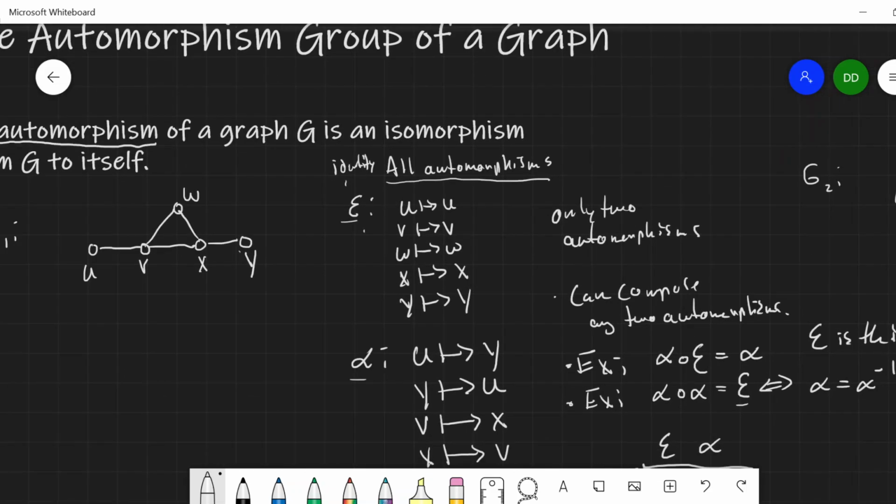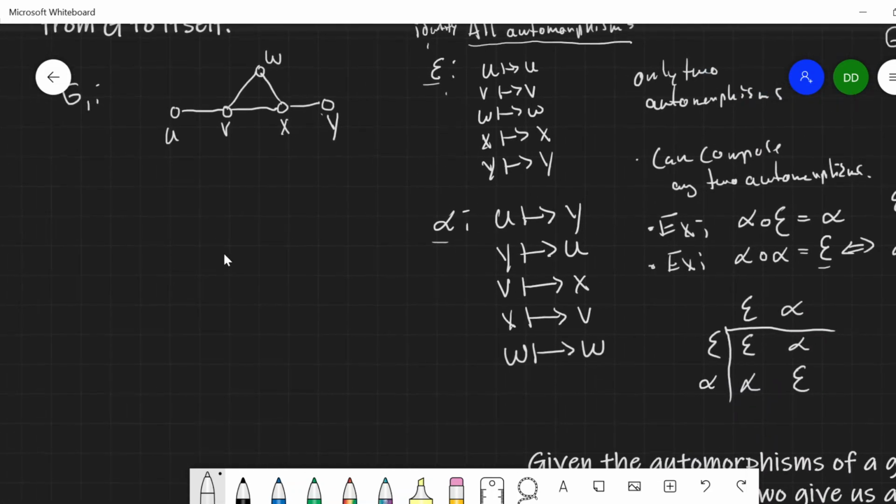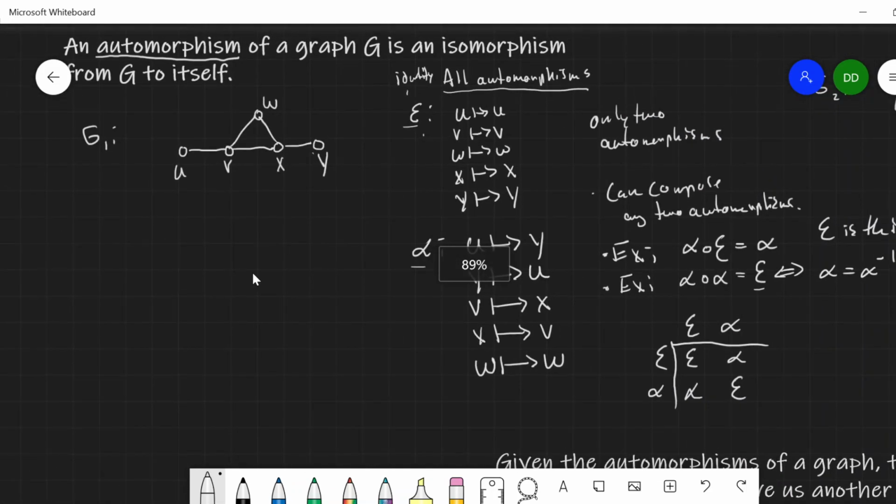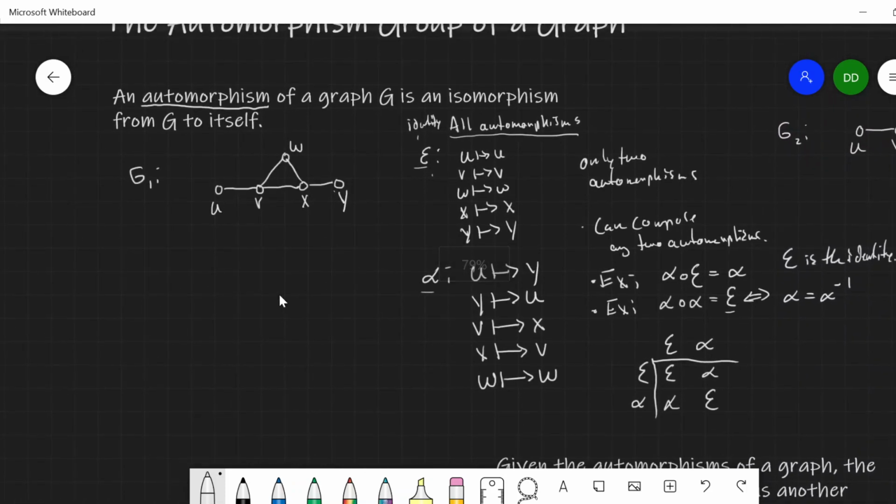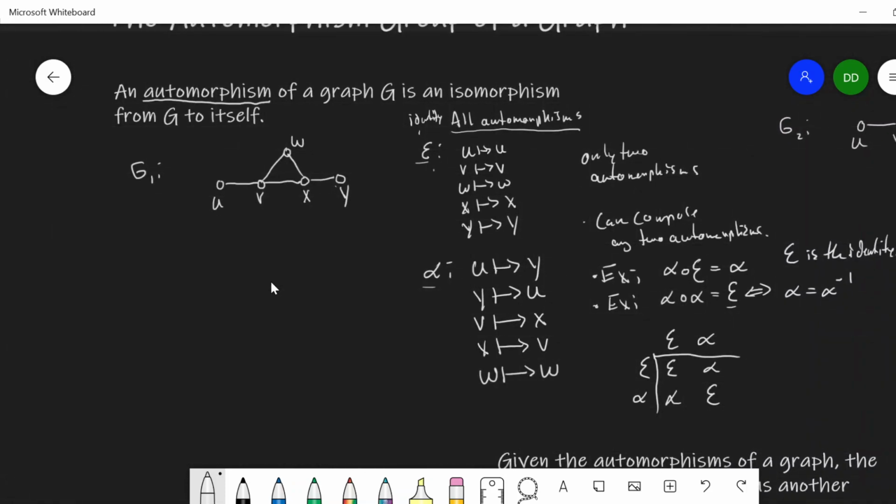I'm going to journey back here for a second because we didn't actually classify this. If you're familiar with some basic group theory, you know that we can classify small, or really any, finite group. So the automorphism group of G1 consisted of the identity element and this alpha, and we had alpha squared equal to epsilon.